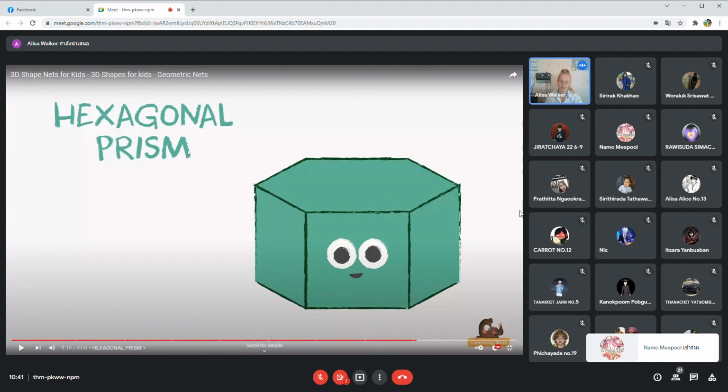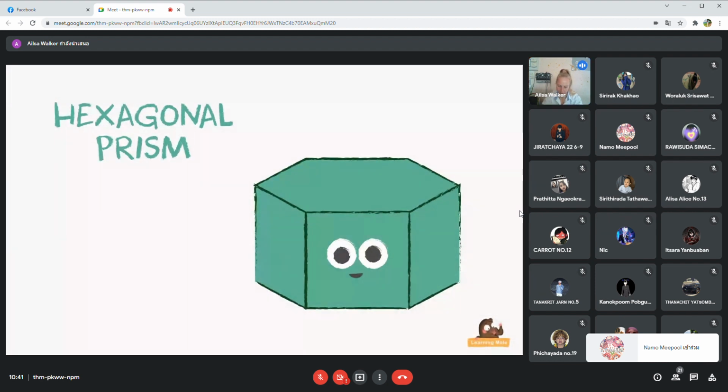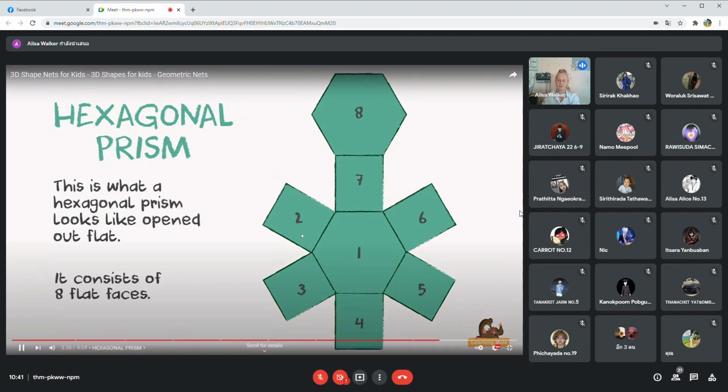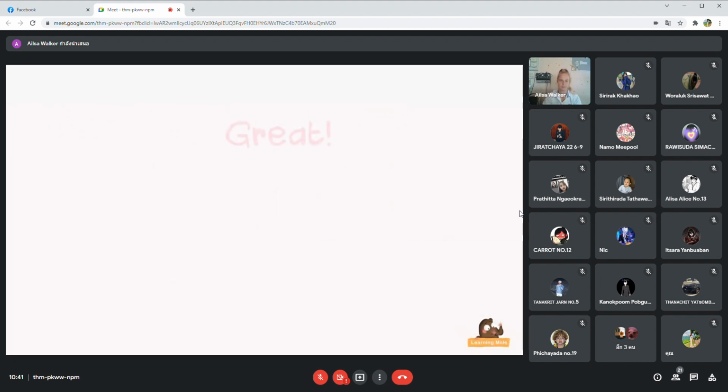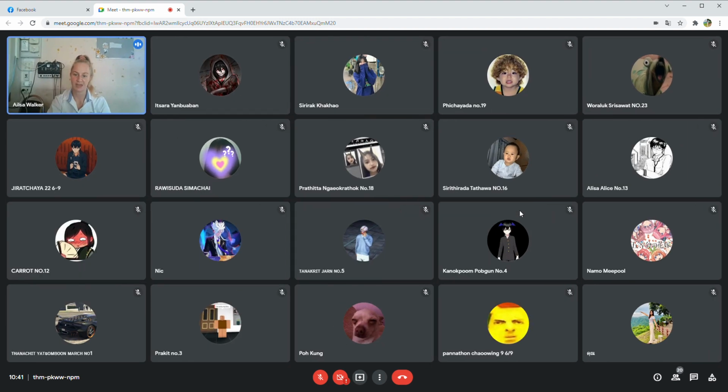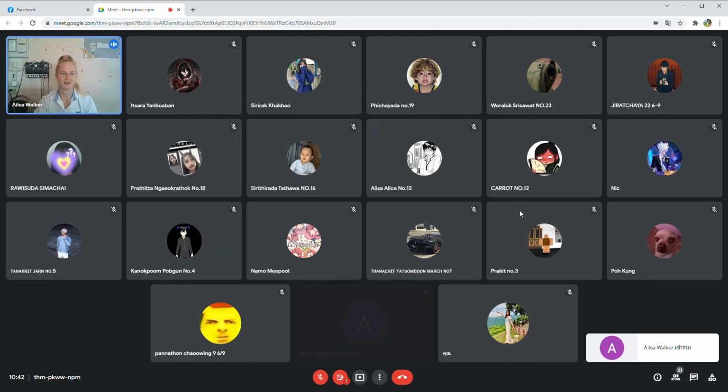Let's look. So now we have looked at some of the nets of 3D shapes. We should know some by now.